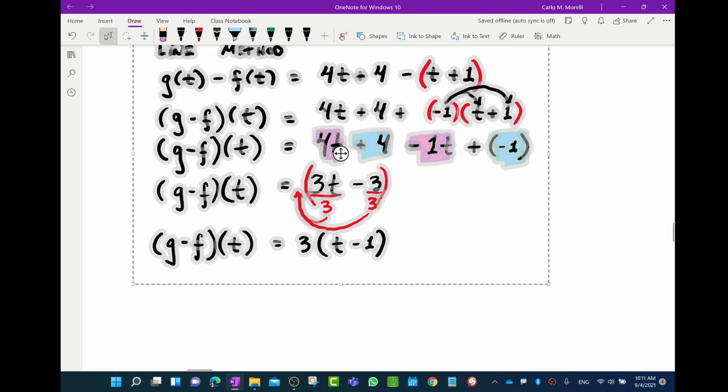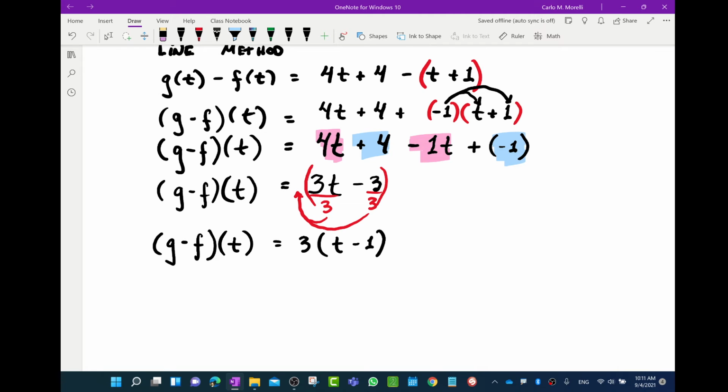So now we're going to evaluate this at -9. So we have g minus f, or the difference of functions g and f, evaluated at -9 equals 3 open parentheses, and then we're going to do open parentheses -9 where we see the t, close parentheses, minus 1, close parentheses.